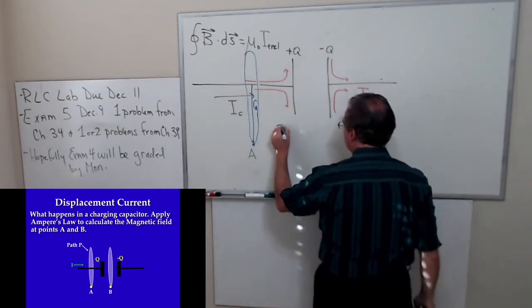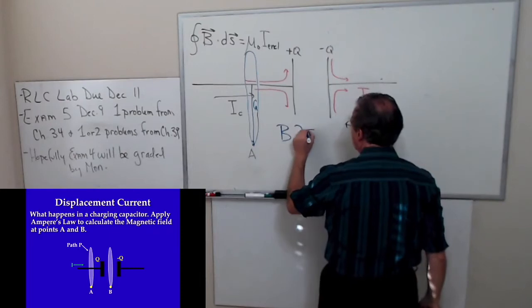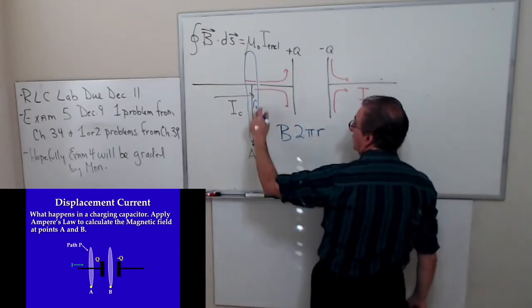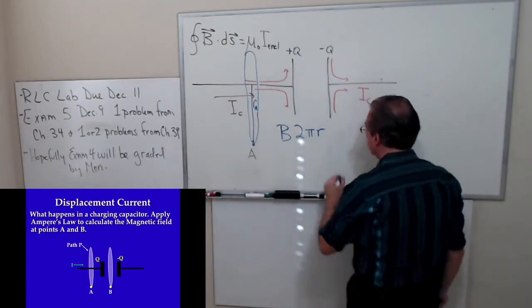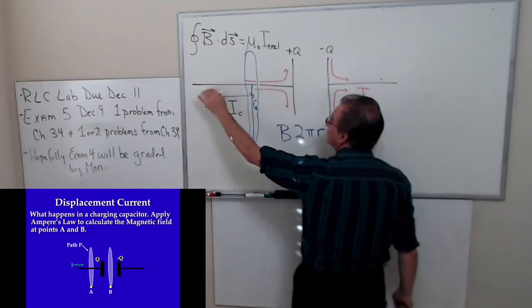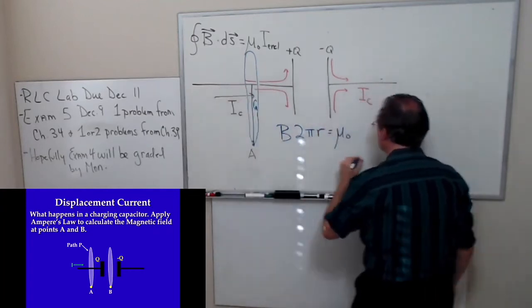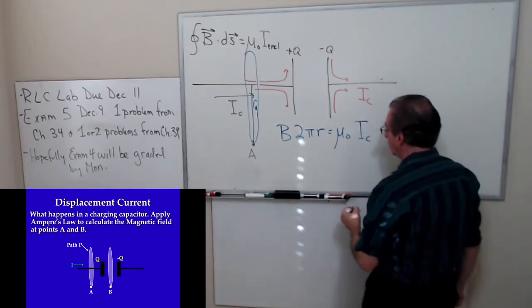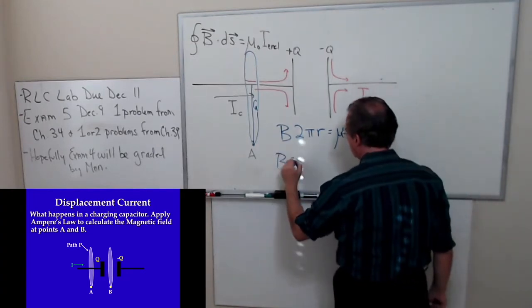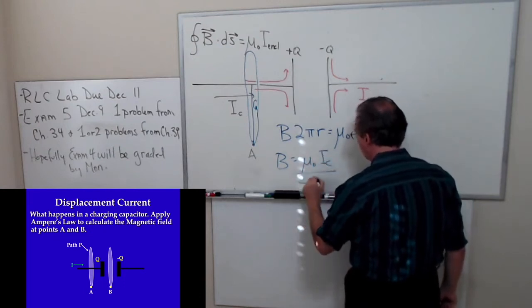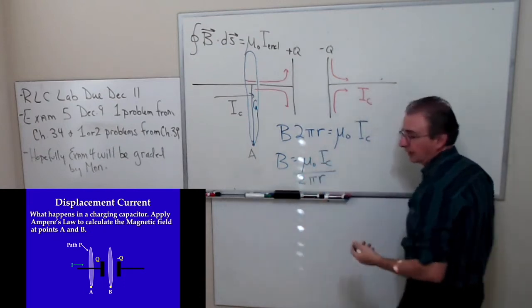So I'll get, okay, B times 2 pi r, because I know the magnetic field is going to be the same at any value of r because of symmetry, is mu naught times I enclosed. What's enclosed in here is the conduction current, basically the current in the wire. And I say B is mu naught I sub C over 2 pi r. And you're familiar with that. That's not a big deal.